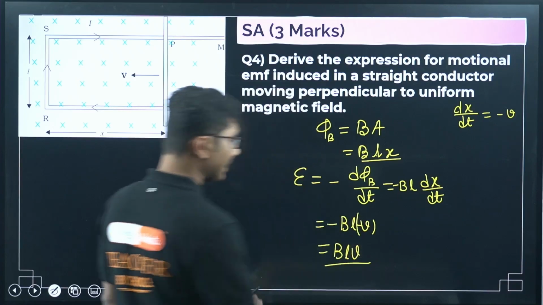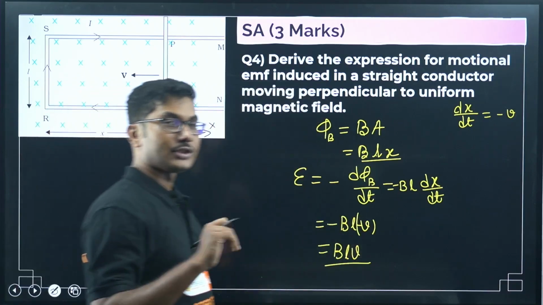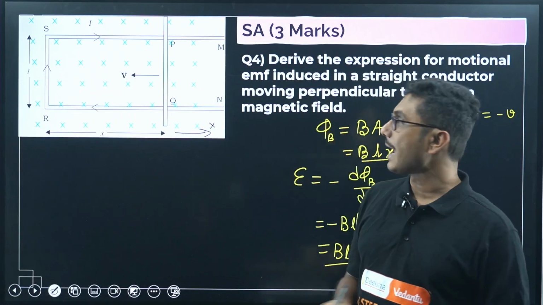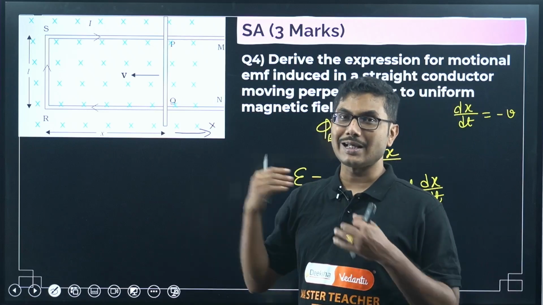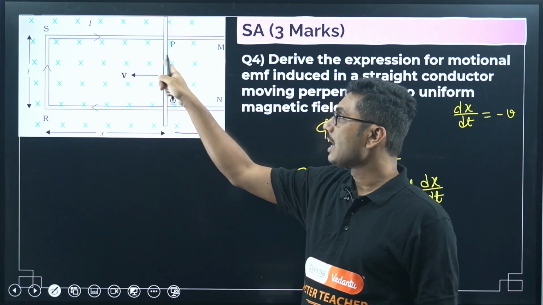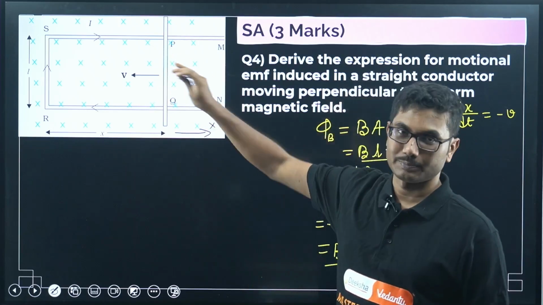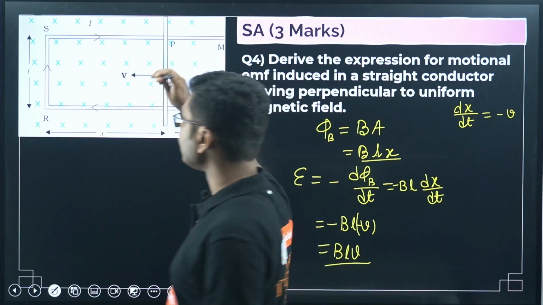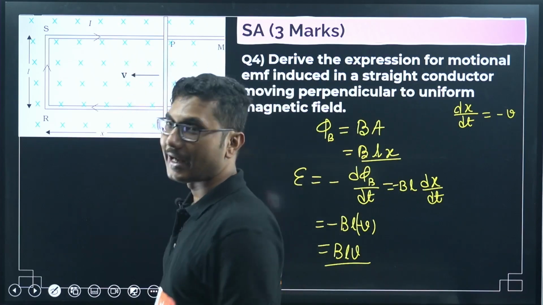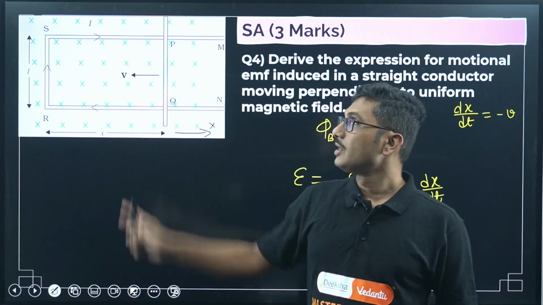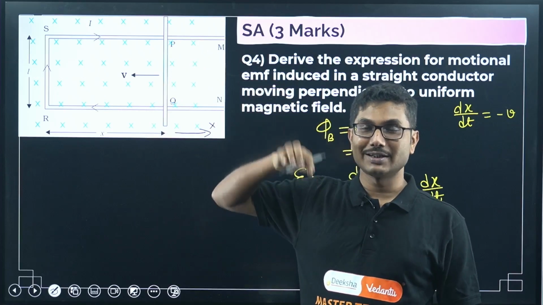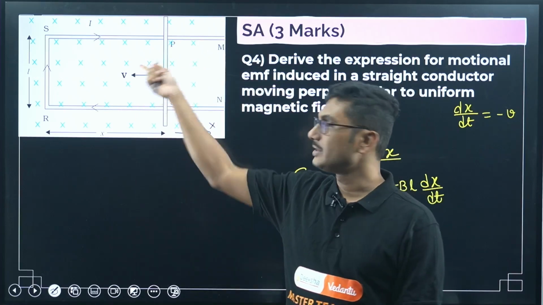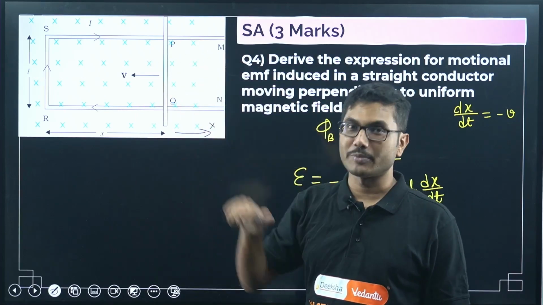Now remember that in the MCQ question, the question was when magnetic field and the motion are in the same direction. Here you can see that magnetic field is into the paper. Cross means into the paper. Basically this is a target to which you can throw the dart, so that's why the cross represents dart throwing practice. Dot means out of the paper.